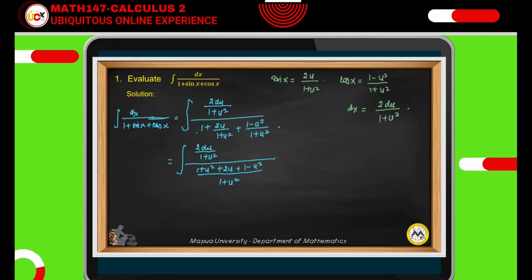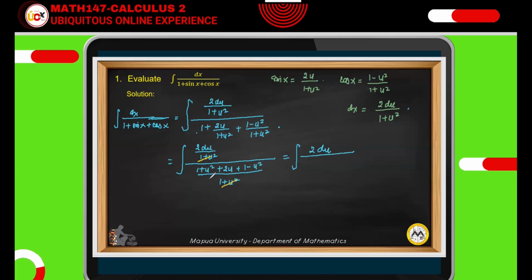Here, we can cancel the denominators 1 plus u squared. Simplifying further, in the numerator we will simply have 2 times the differential of u over the denominator.